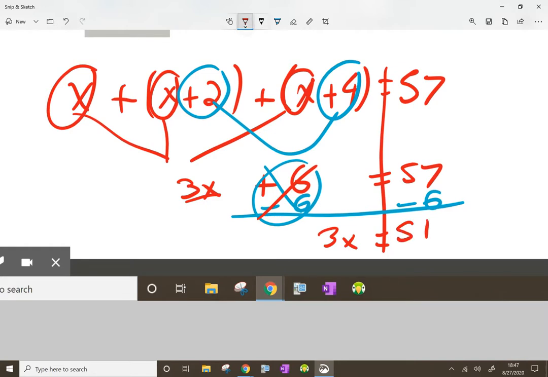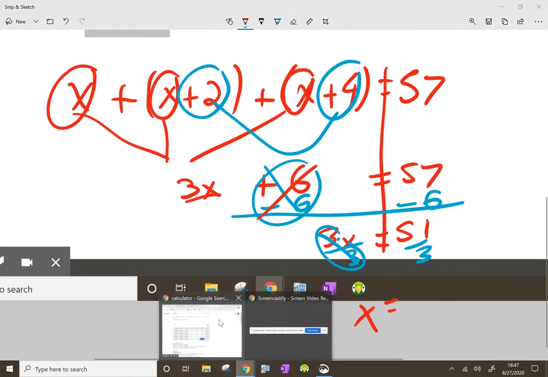And then lastly, keep in mind the 3 and the x being multiplied together, so we have to undo that. Opposite of multiplying by 3 is dividing by 3, so we'll divide. These 3's on the left are then going to cancel out, so the only thing on the left is going to remain x. And then 51 divided by 3 will give us our answer. So we would take a calculator and we would do 51 divided by 3.